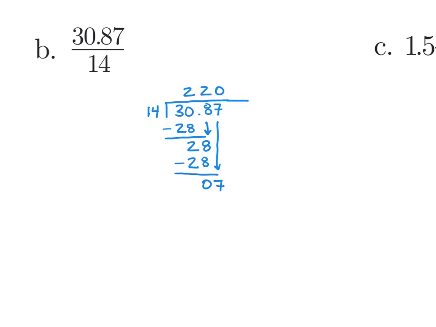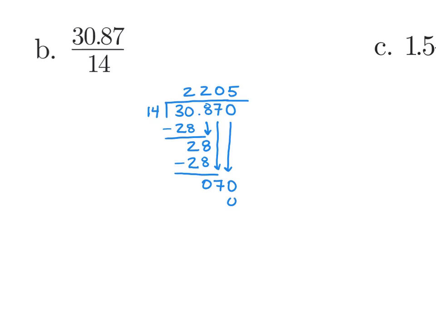If you want, you can multiply, but we don't have to. But I'm still not good, so I still don't have a remainder of 0. So I'm going to add a 0. Bring it down, and how many times does 14 go into 70? 14 goes into 70 5 times.